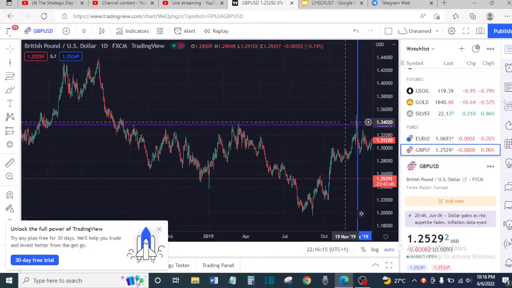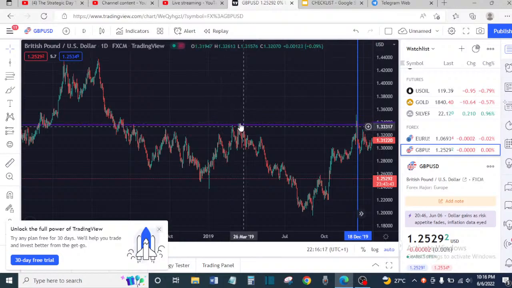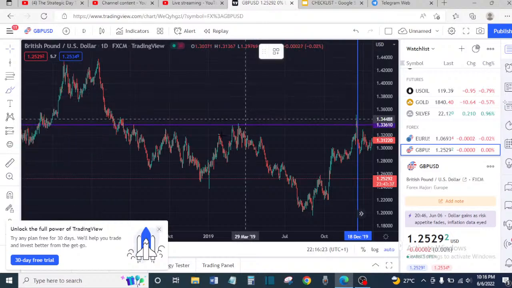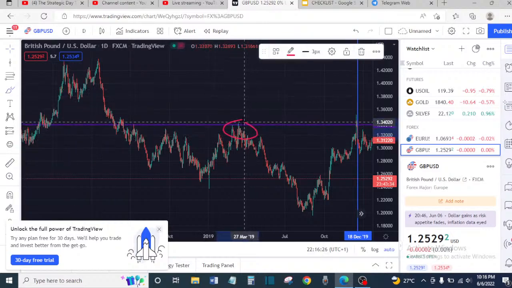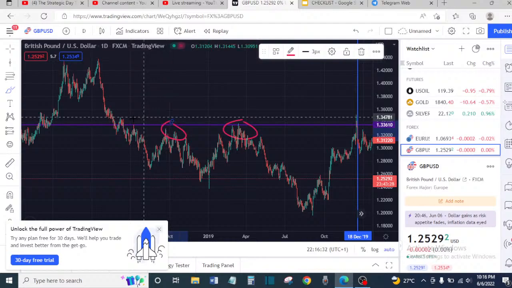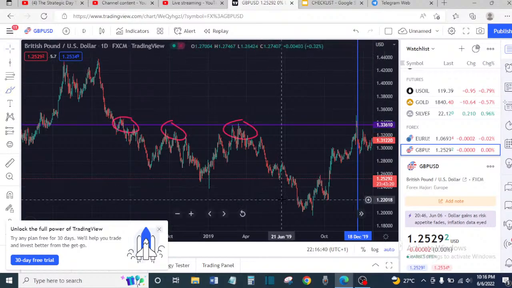Now look at what has happened here. These are a lot of stops. Look at the massiveness of these stops. Look at the stops here. All these stops need to be taken out, and what did they do?